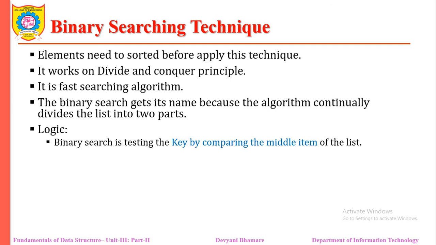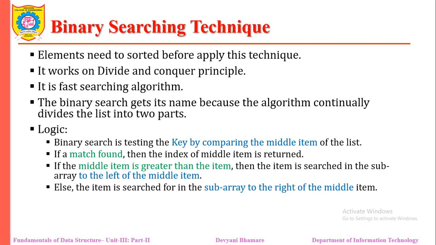The logic is that in binary search, we take one element called the key element. The key element is compared with the middle of the list. If the key element is less than the middle, then that element is present in the first half of the array. If the key element is greater than the middle, then it is present in the second half of the array.